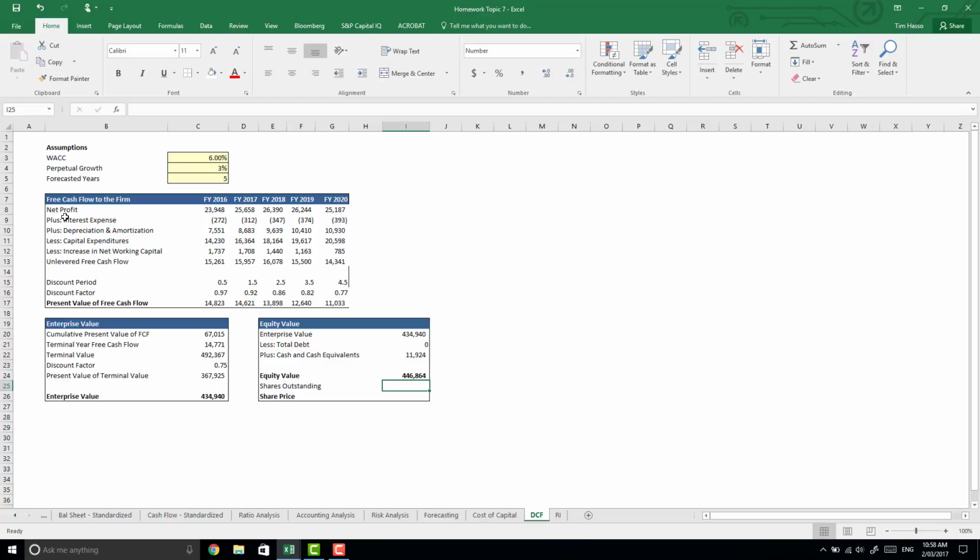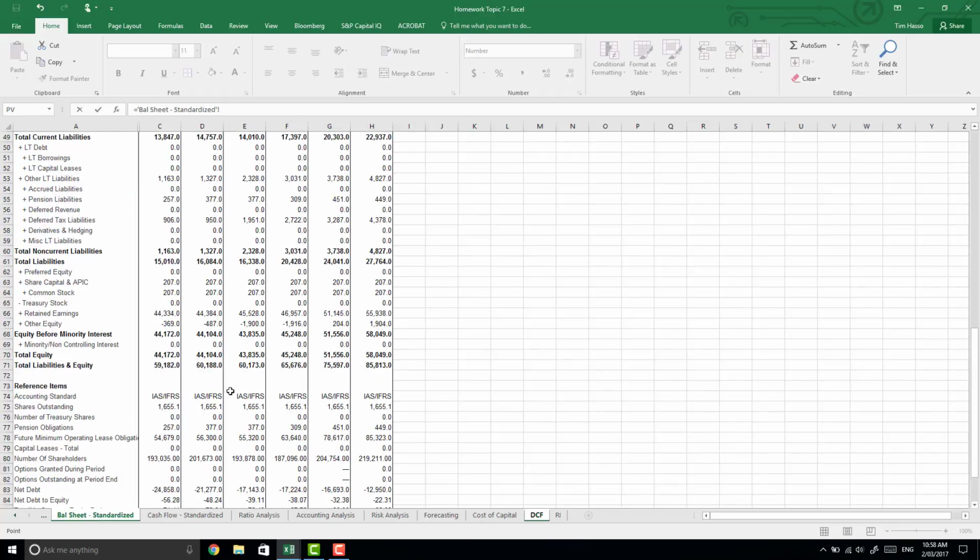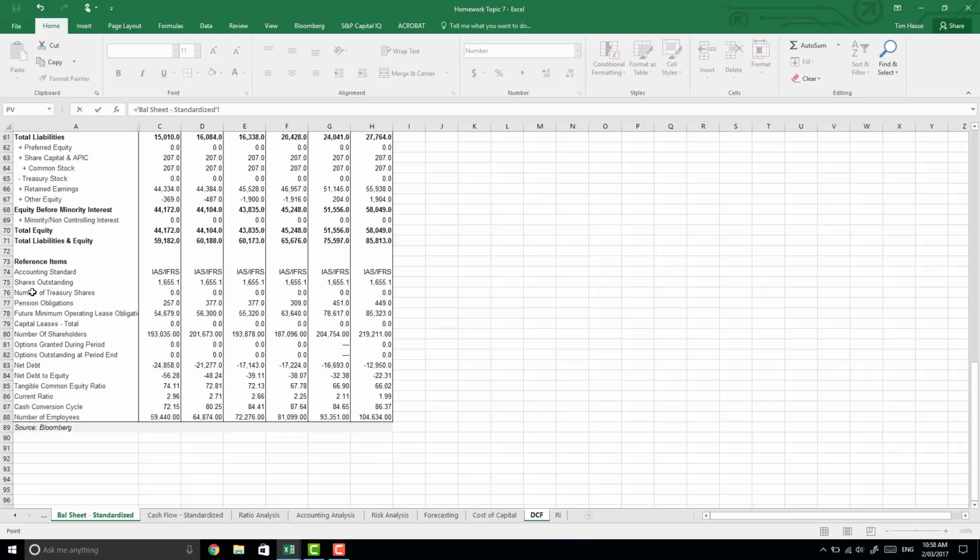Now, to get to the share price, we just merely need to take the shares outstanding, which we can get from the balance sheet. So go to the balance sheet. If you go to the bottom of it, you'll see that in my case, shares outstanding is in cell H75.